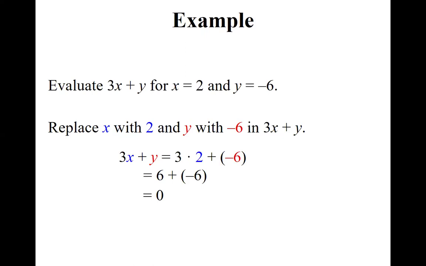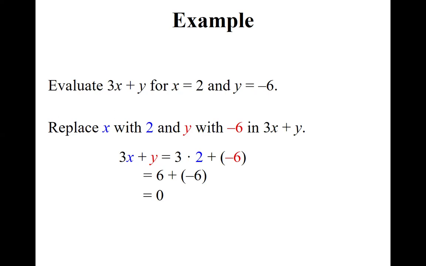Another evaluate problem. 3x plus y for x equals 2 and y equals negative 6. We make our replacements. Plug it in, plug it in. X equals 2 means instead of 3 times x, we have 3 times 2.